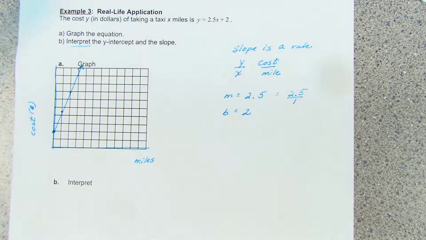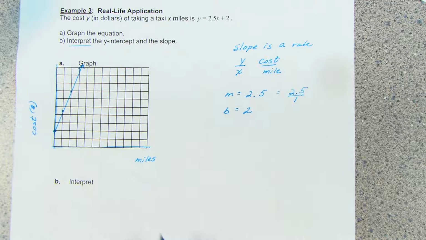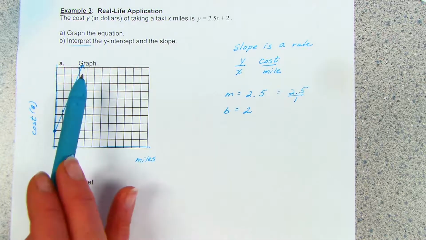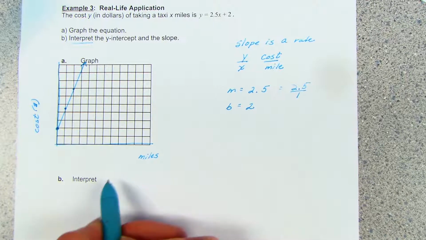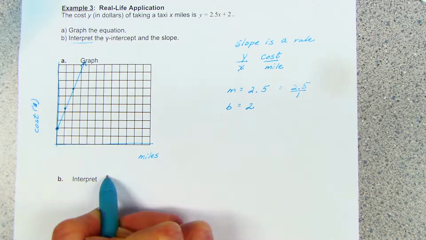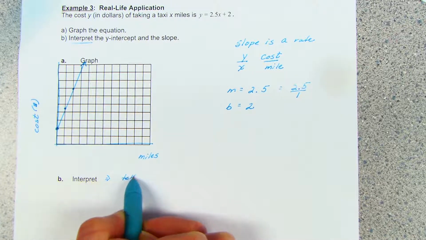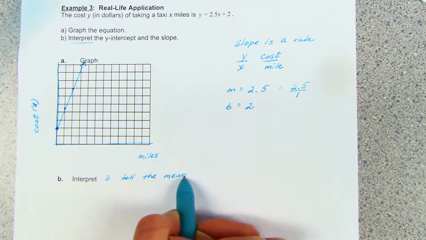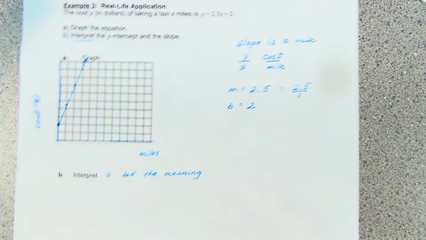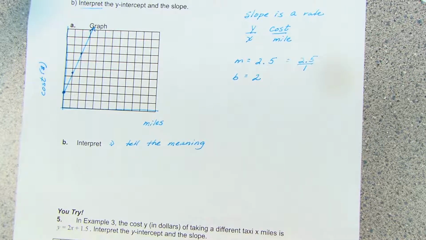All right. And then we come to, so there's the graph, and then we come to the point where it says interpret the y-intercept and the slope. Interpret means tell the meaning. That's different from tell me what it is.